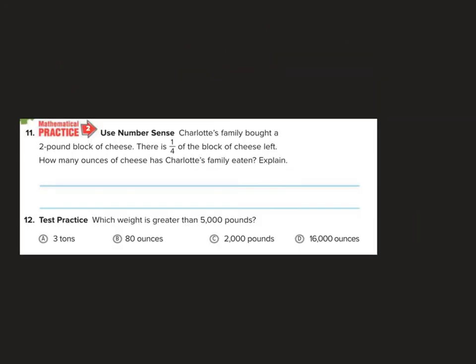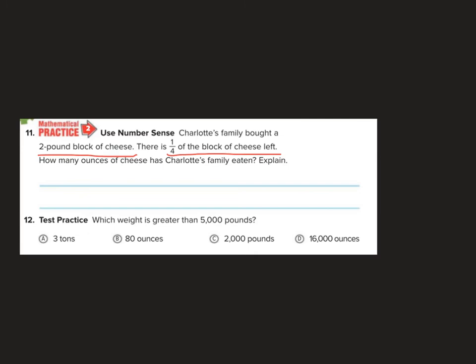All right, the next one is Charlotte's family bought a 2-pound block of cheese. There is 1/4 of the block of cheese left. How many ounces of cheese have they eaten? Ooh, okay, so if 1/4 is left, that means they have eaten 3/4.